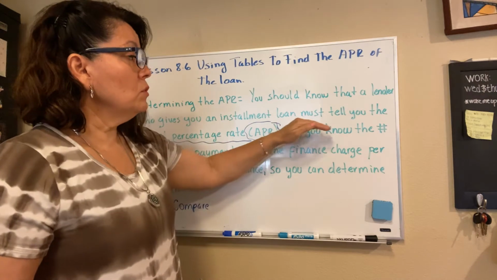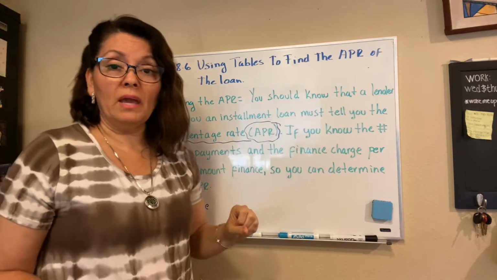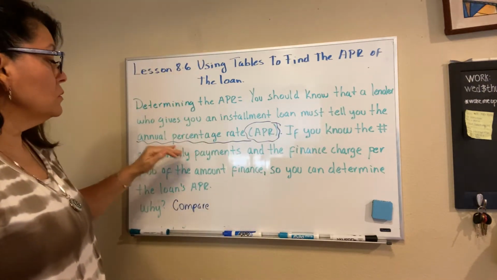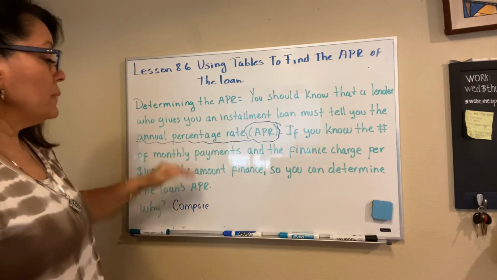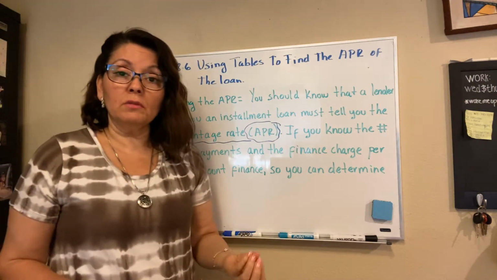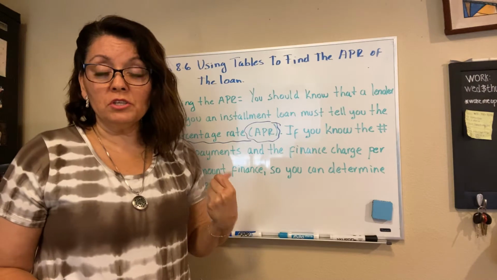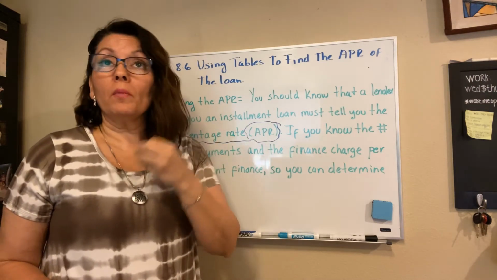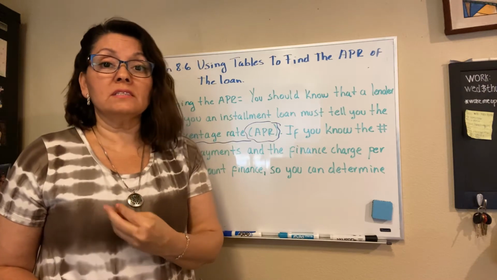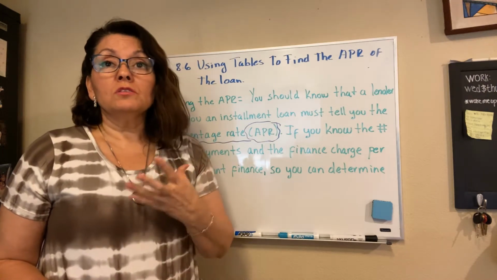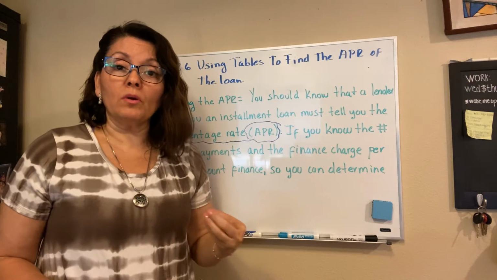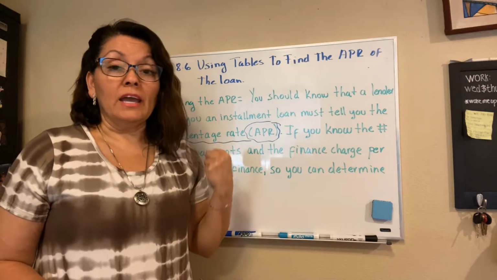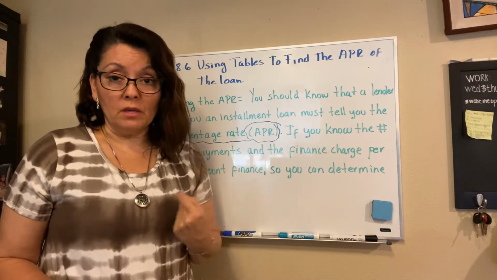If you know the number of payments and the amount that you're going to pay, you can find the APR they're going to charge you, and then you determine that, oh my goodness, it is too high compared with another place that sells computers. It's really important for you guys to know and compare the APRs.